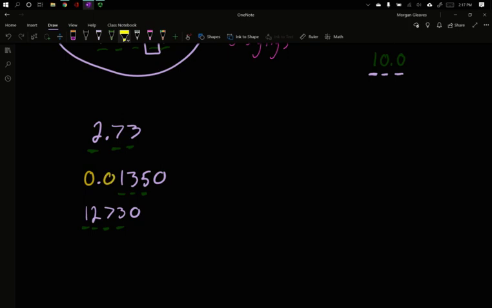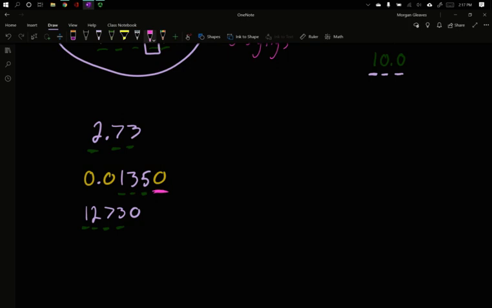Our second zero here, it is right of the decimal. However, it is left of all the other sig figs. So it fails to obey Rule 3. Our third zero, well, it is to the right of other sig figs, and it is right of the decimal. That one is significant.